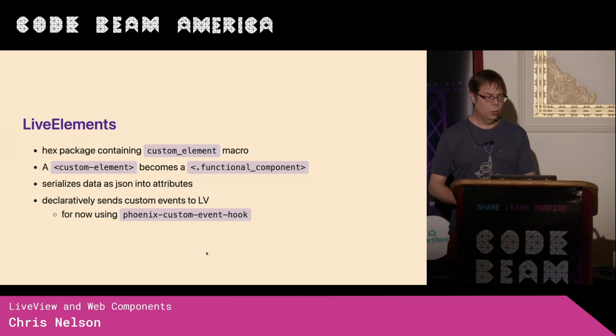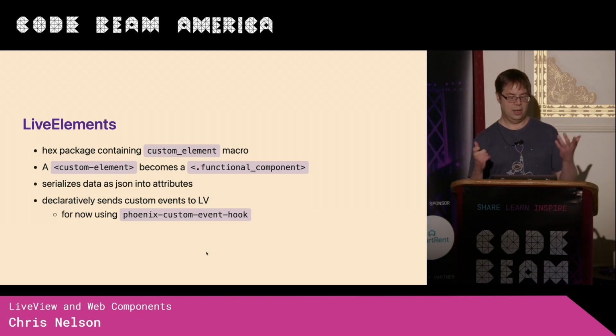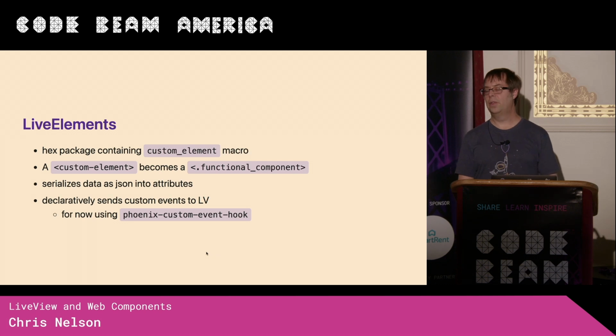So with all that said, Live Elements is a library to automate some of the things I just described. It is a hex package, of course, and the main thing it gives you is a custom element macro. That macro is a declarative way to produce a functional component wrapper around a custom element.